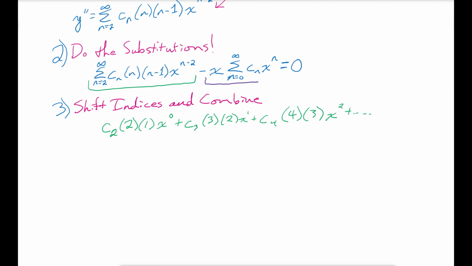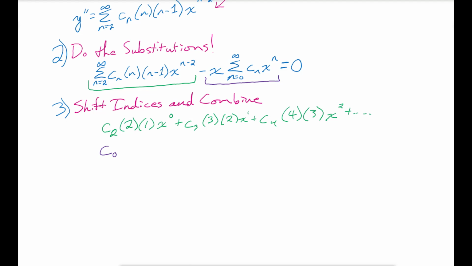And now for my second sum, I'm actually going to multiply by the x there too. So if I plug in n equals 0, I'm going to get c sub 0 times x to the 0 times x.